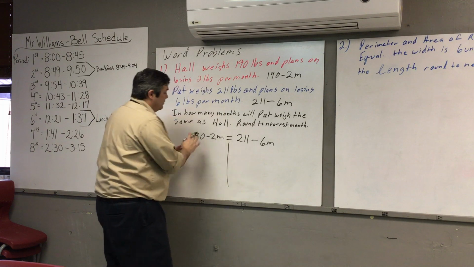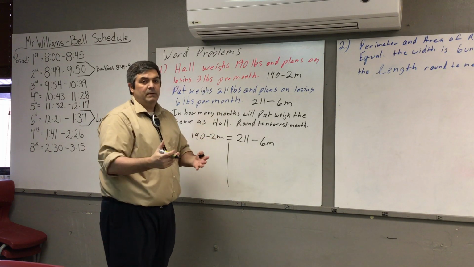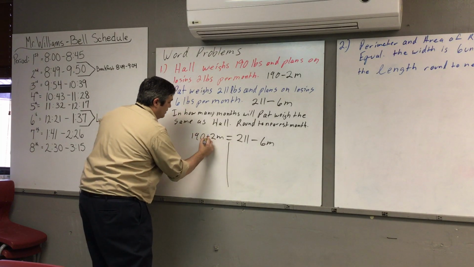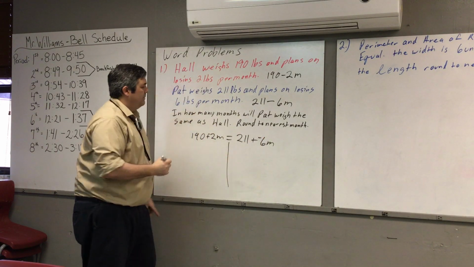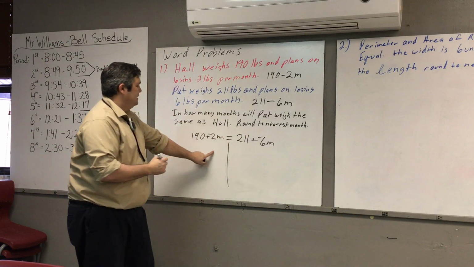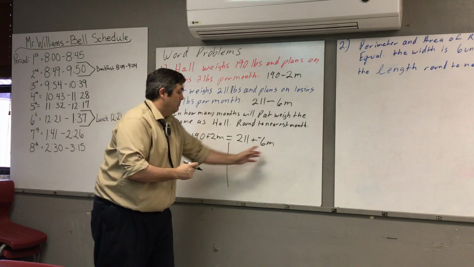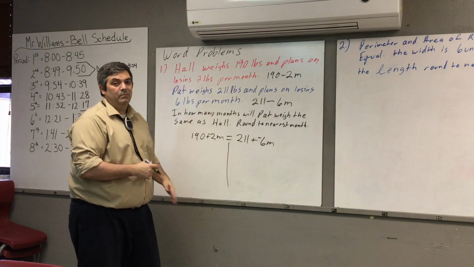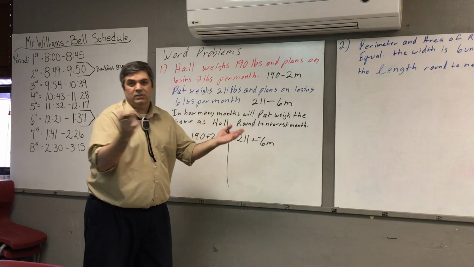What I'm going to do is change all my subtraction to addition, just to make it a little bit easier for me. Now I'm going to move this to this side because this number is bigger than that number, and when I move it, it's going to leave me with a positive number. It's a little trick to get rid of some of these sign rule issues that we have.